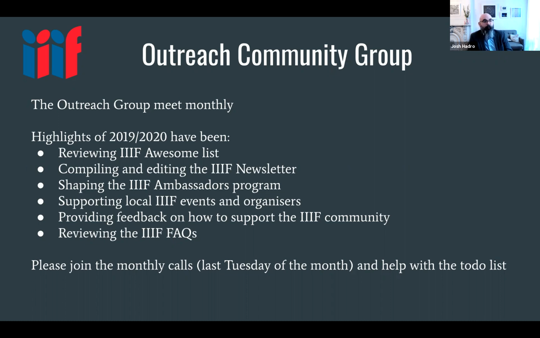So the outreach group meets monthly and really works closely with the IIIF Consortium staff to help us figure out ways to foster local events or online events or presentations to other communities. And so they've done a lot of the work in advising us on things like the Ambassador program, on something called the badging proposal. There's actually a session later today that'll be co-led by the outreach community group. So efforts like that can help put some guidance around needs to connect with the IIIF community.